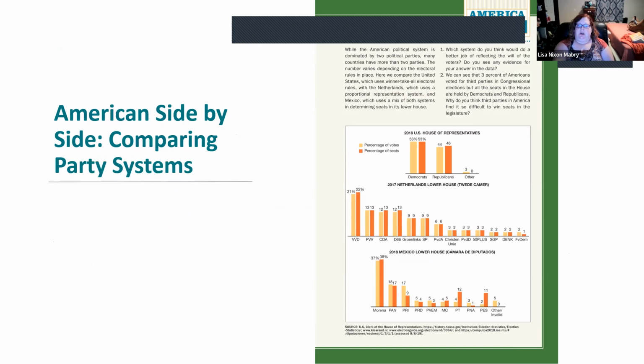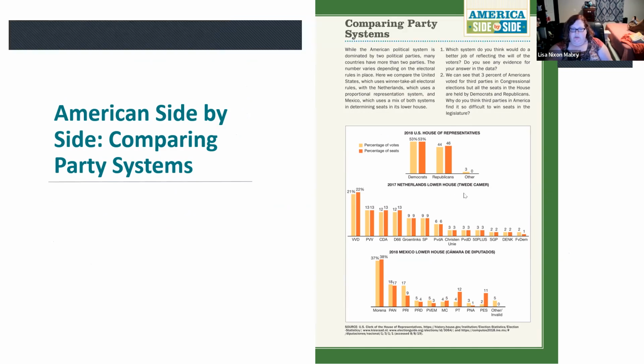Okay. So of course, the America side by side is always nice, comparing party systems. So this shows you other areas, like this is Mexico, this is the Netherlands, and then it shows you how their political parties work. As you can see, they have standout groups as well, just like us.